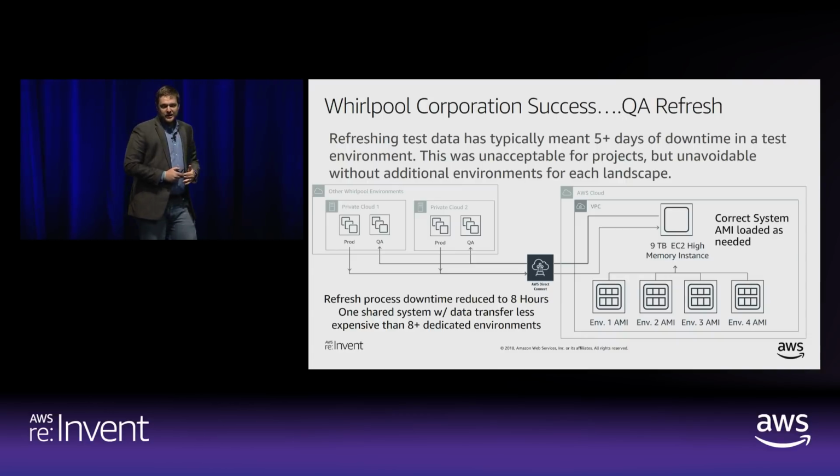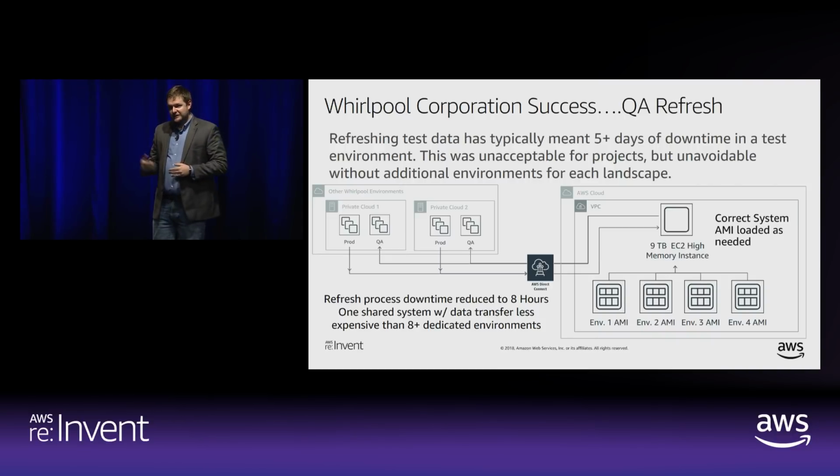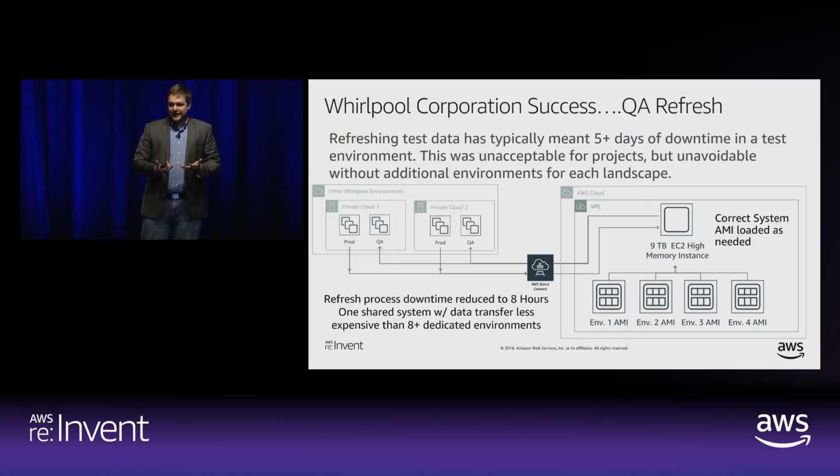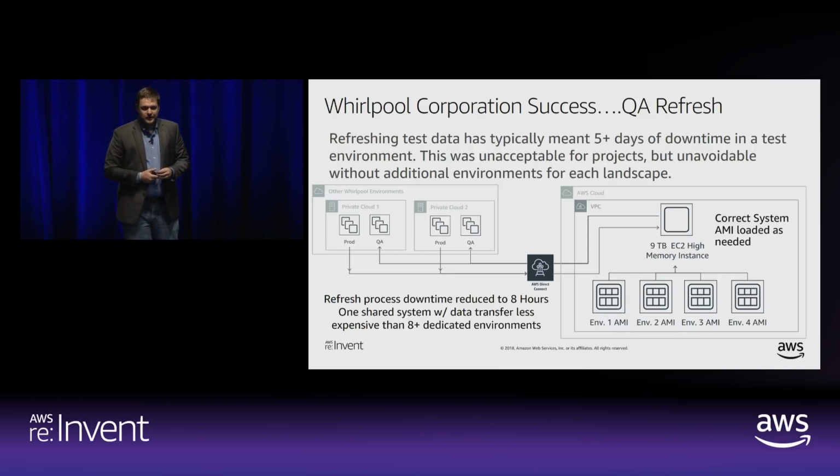So we wanted to shorten the QA refresh cycle so we could do it more frequently. The old cycle on the physical appliances took 5 days. We had to take a quality environment down for 5 days so we could take the data from production, reprocess it, clean it, put it back into the quality environment so we could then test it on clean data.